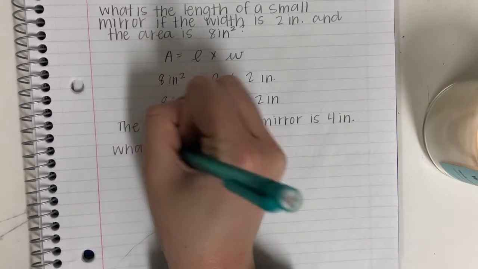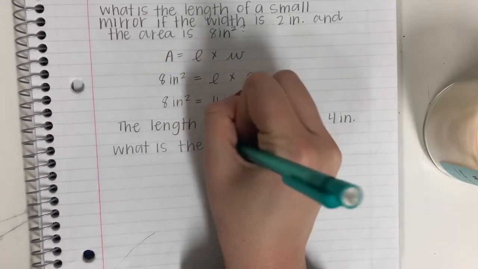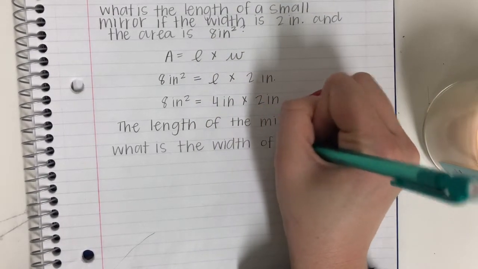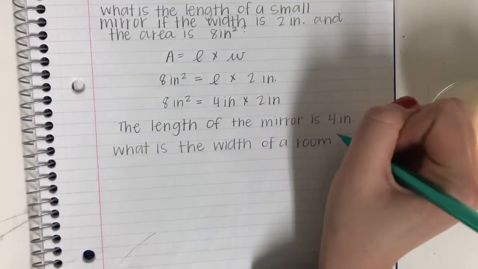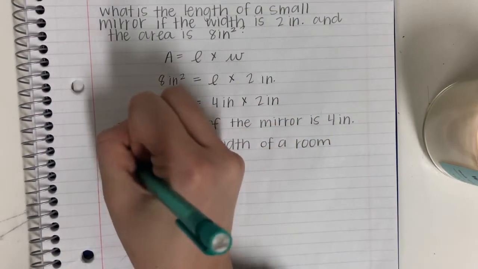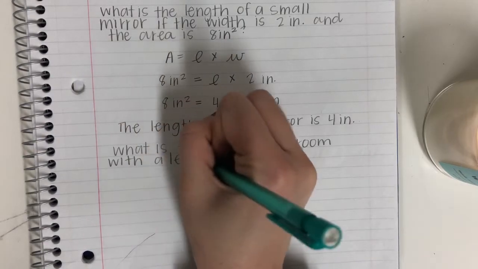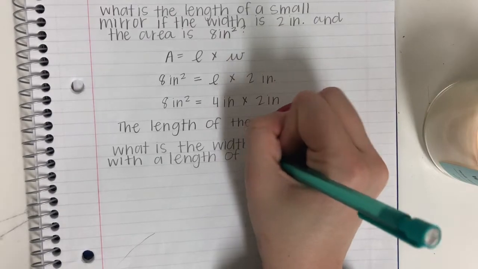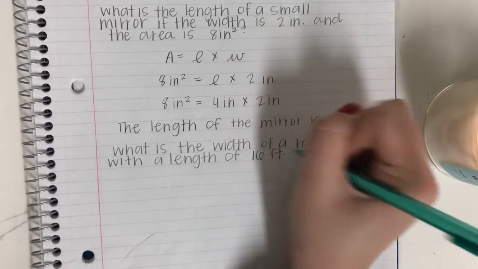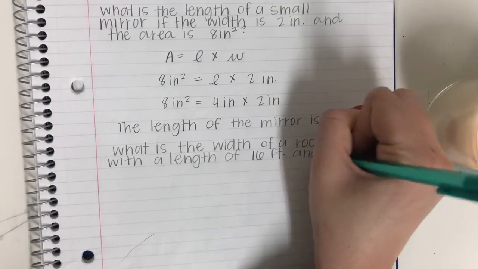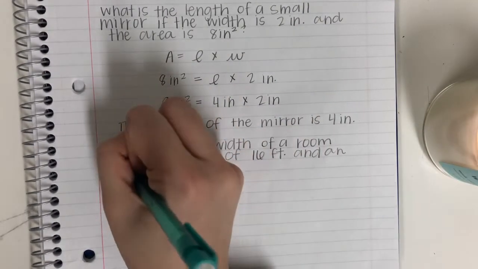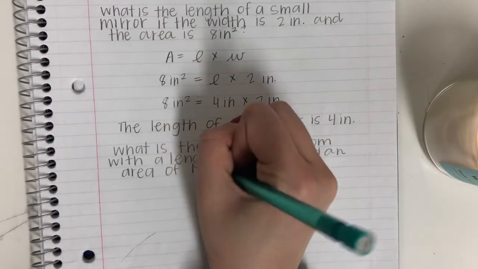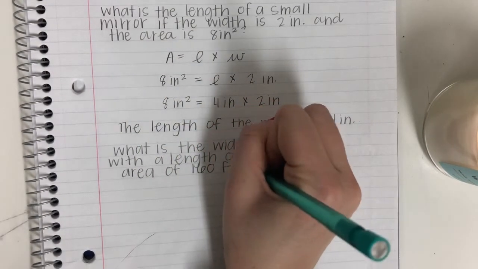What is the width of a room with a length of 16 feet and an area of 160 feet squared?